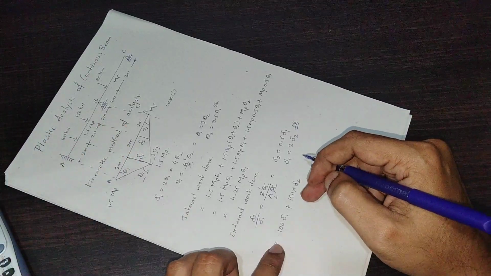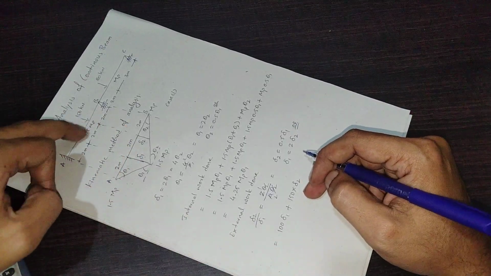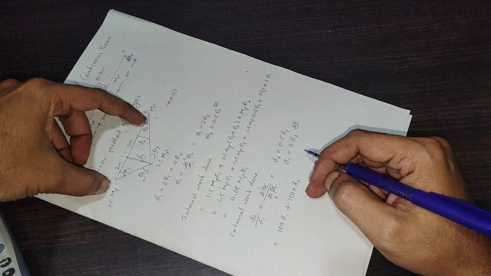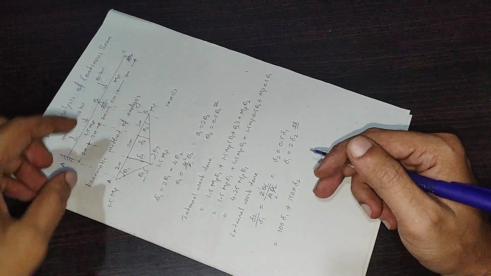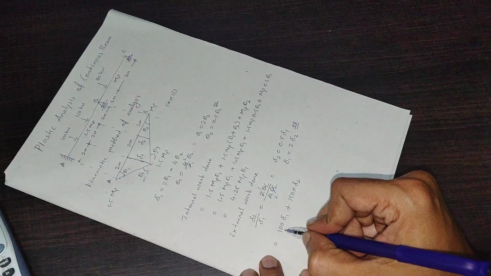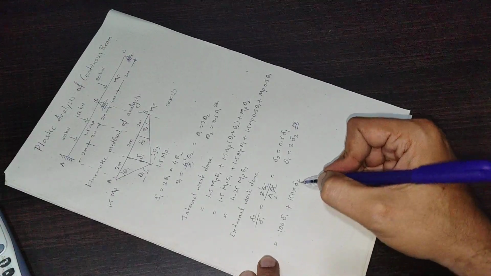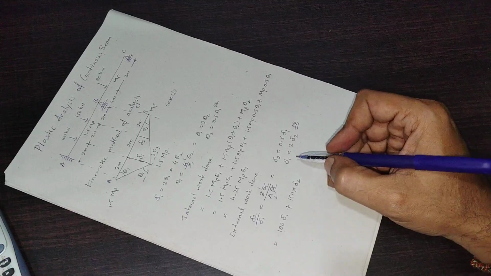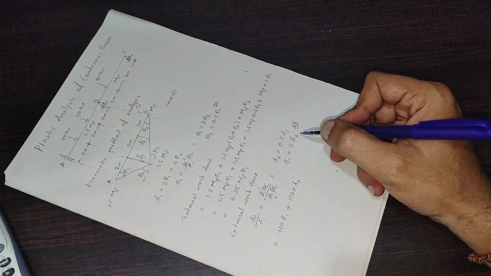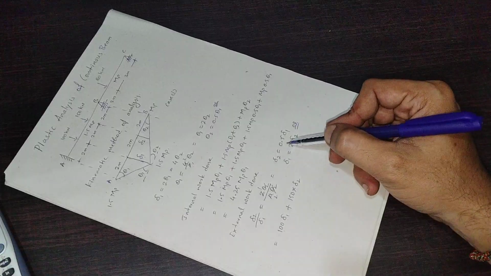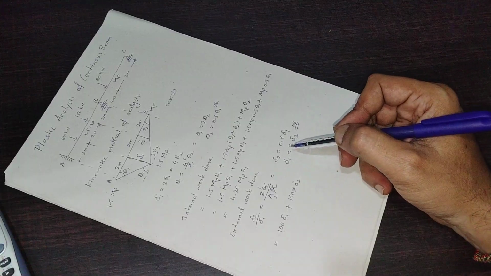Apart from these two loads, I do not have any other load in the span AB, because I am doing it for case 1 for the span AB. So 100 times delta 1 and 150 times delta 2. Now I can substitute delta 1 as 2 delta 2 or delta 2 as 0.5 delta 1.